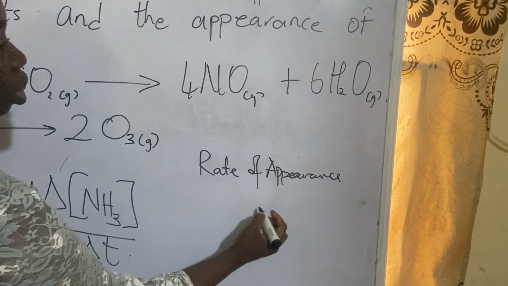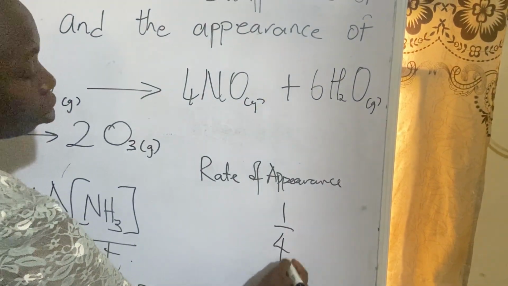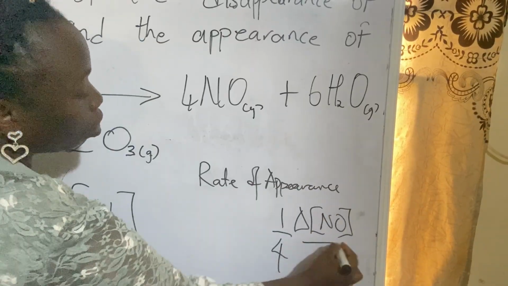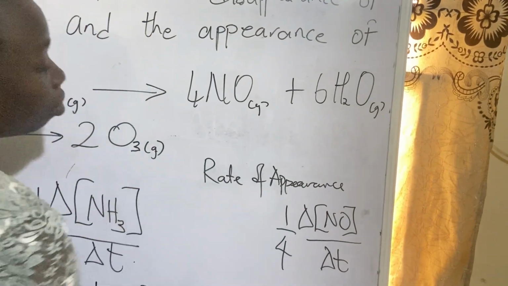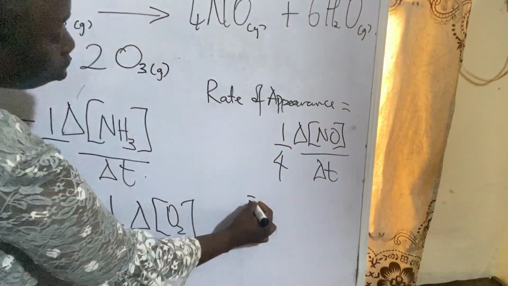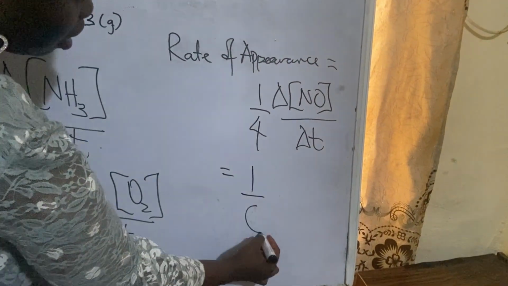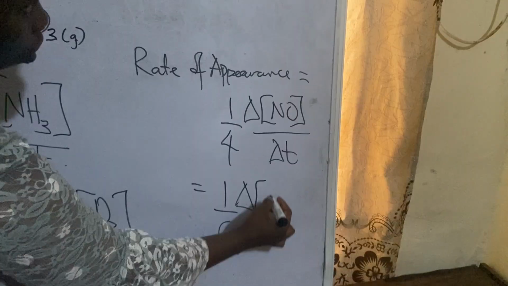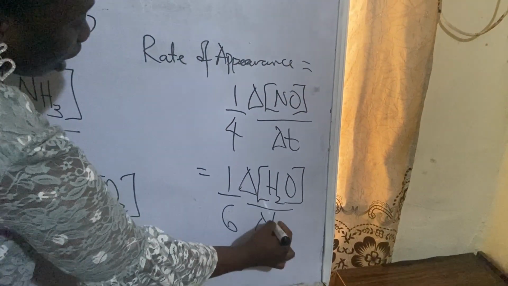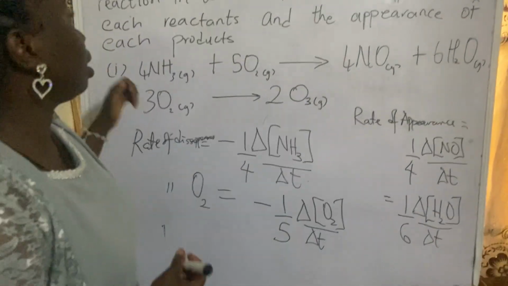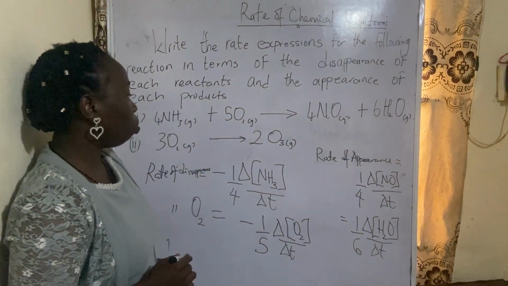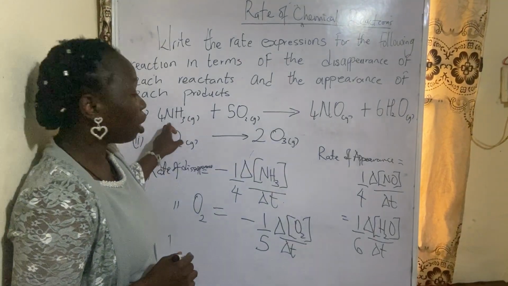So it becomes 1 all over 4 change in the concentration of nitrogen oxide all over change in time. Then also rate of appearance of water will be equals to 1 all over 6 change in concentration of water all over change in time. So this is how to express the disappearance of each reactant and appearance of each product for the first reaction.